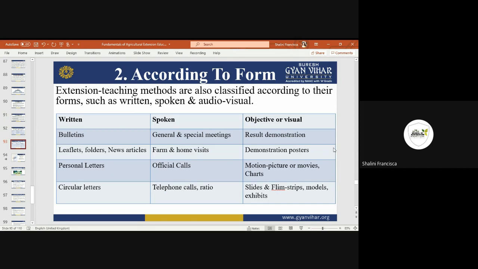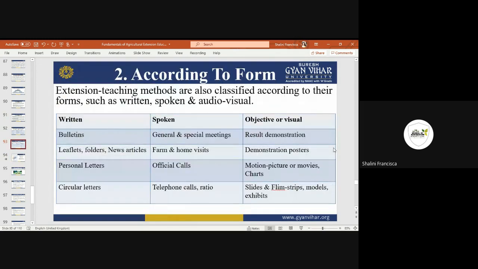Then demonstration posters: for every process they have a poster, like how to sow the seeds, at what distance, how to do mulching, how to do crop rotation. Then motion pictures like movies, then graphs showing how much the yield rose because of this new introduction and how much income was given to the family. Then slides, film, models, and exhibitions. There are so many models that we are using to give to the people.